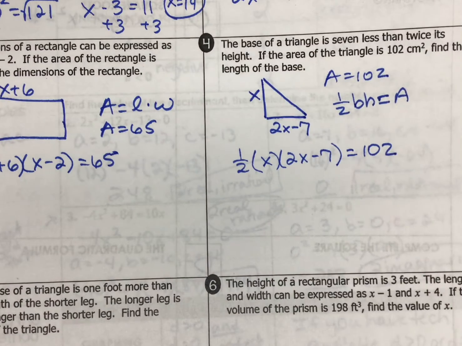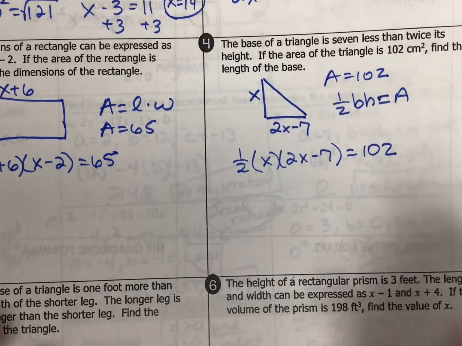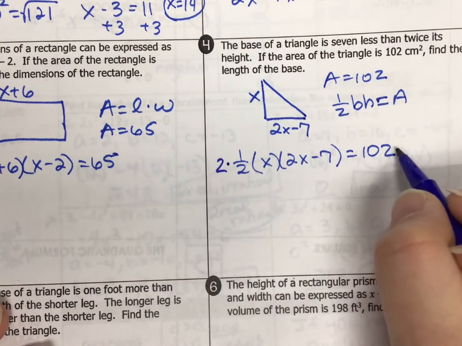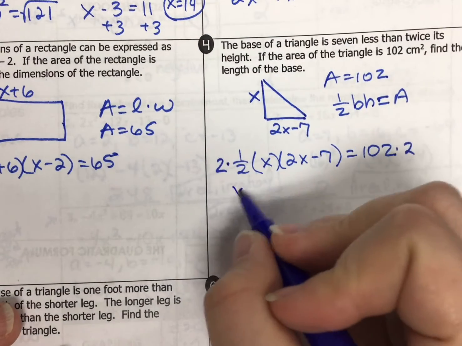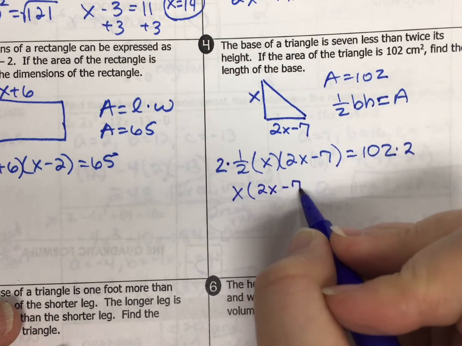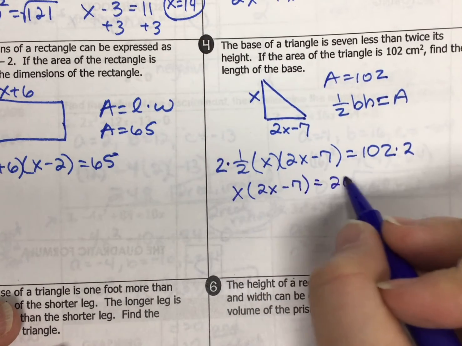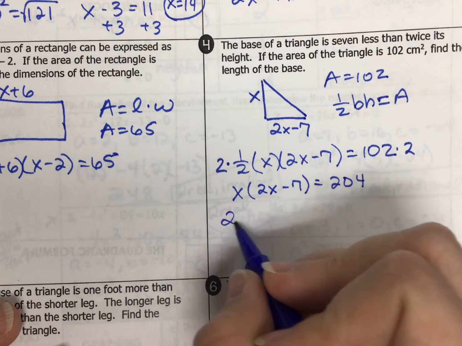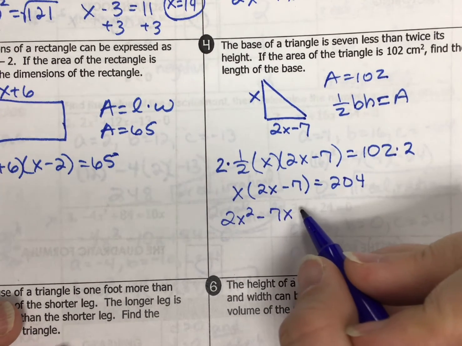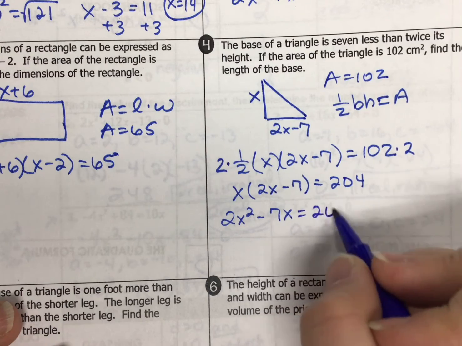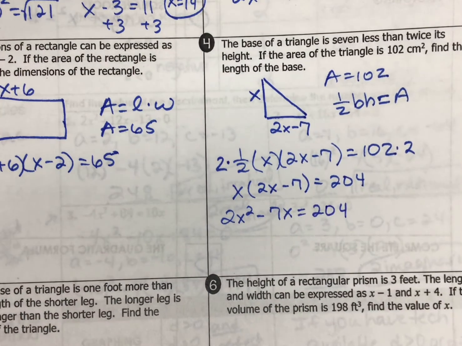Okay, one thing about fractions and the way this problem looks, dealing with a half, if I distribute this out, I end up with 7/2, which I don't want. So I'm going to multiply both sides by 2. And I'm going to show you what's going to happen there. You're going to have x times 2x minus 7 equals 204. You distribute this, you get 2x squared minus 7x equals 204.